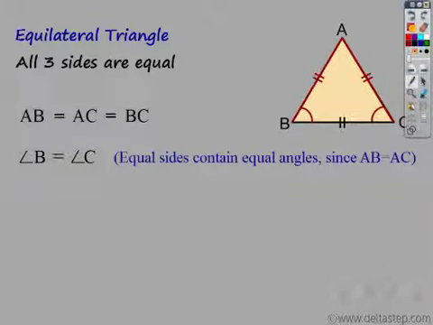Now again, I know AB is also equal to BC. So now these two equal sides meet at B. So leaving B, C and A would be equal.